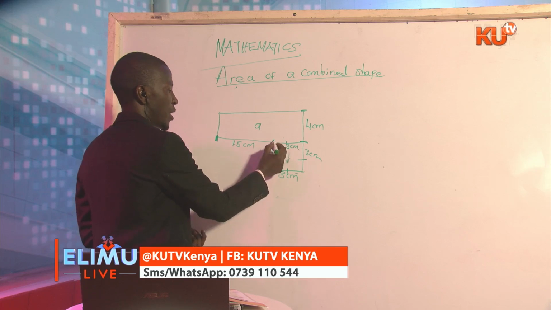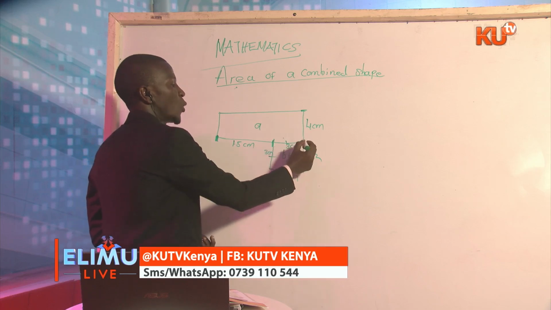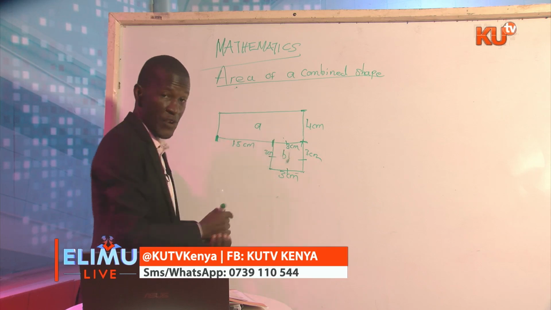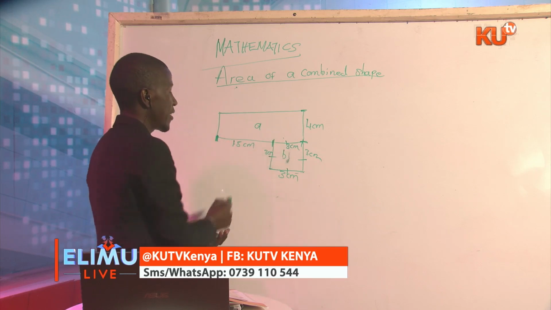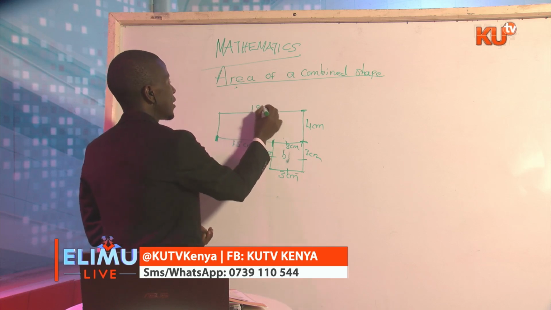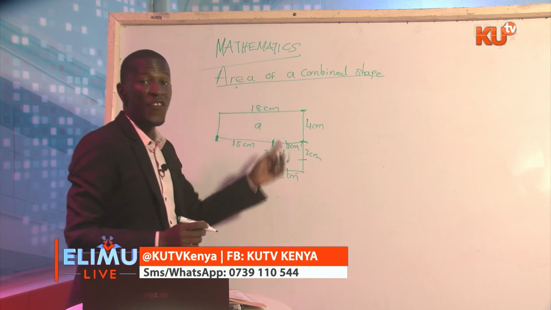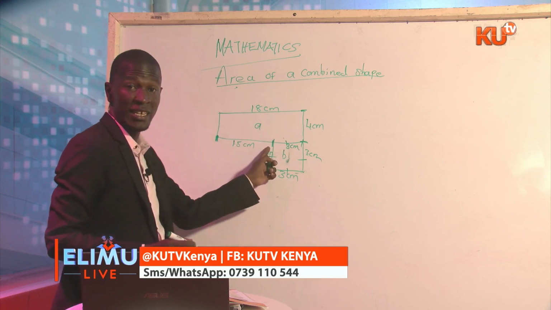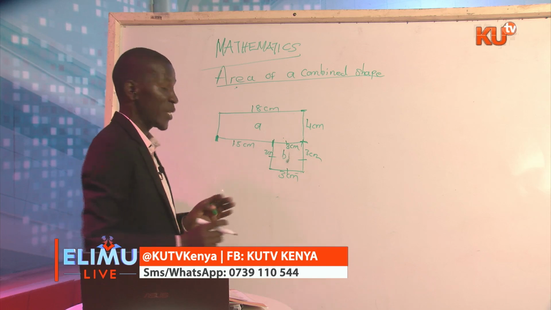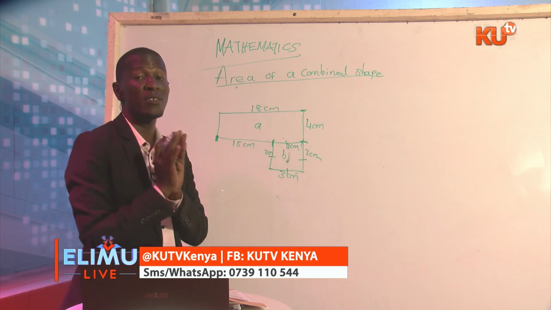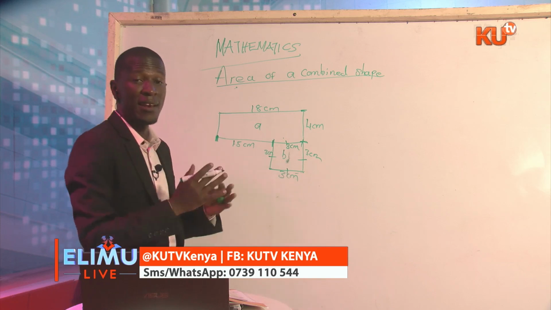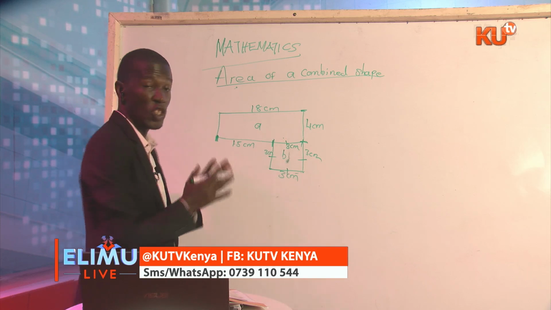So you add 15 plus 3. What will you get? 15 plus 3 is 18. So boys and girls, the length is not 15, but it is 18 centimeters based on how the question has been set. Then now we can move ahead and get the area of this combined shape.